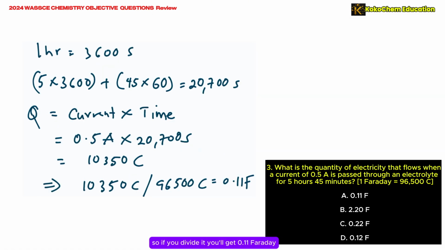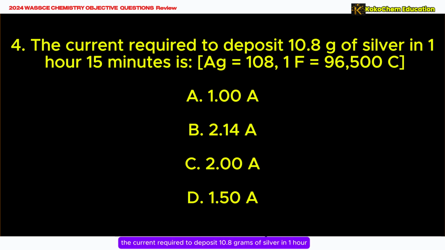Question 4. The current required to deposit 10.8 grams of silver in 1 hour 15 minutes is, take Ag to be equal to 108, 1 Faraday equals 96,500 coulombs.